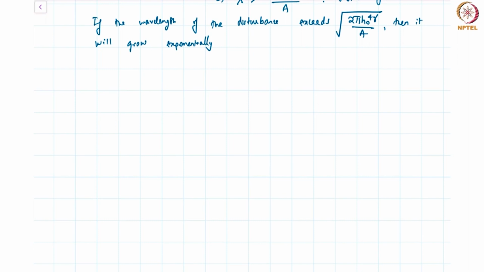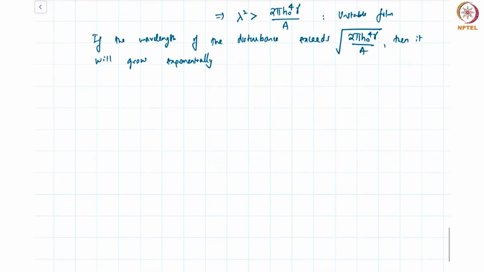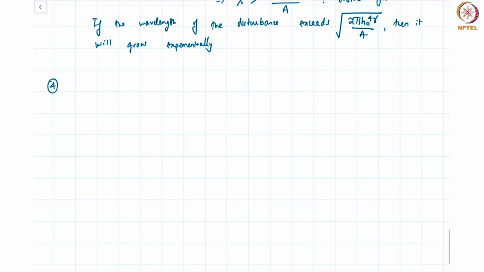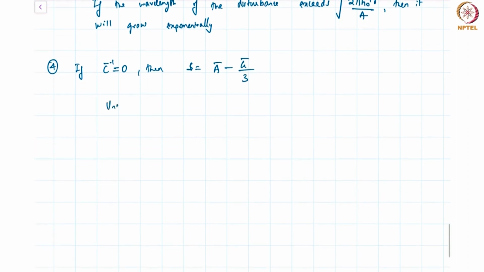We'll look at another special case. This is case number 4. If the surface tension term is 0, that is 1 by C term is 0, then we have the non-dimensional growth rate S equal to A bar minus G bar by 3, and we have unstable if A bar is greater than G bar by 3.